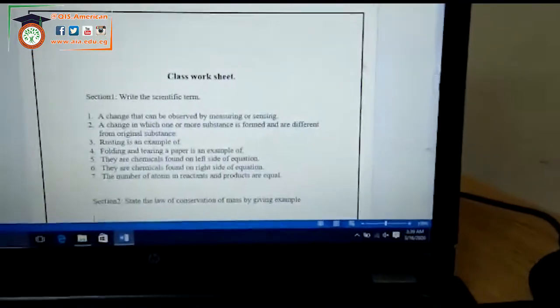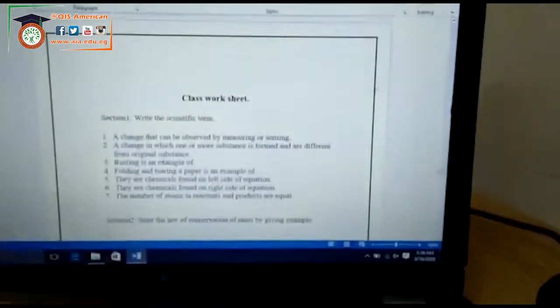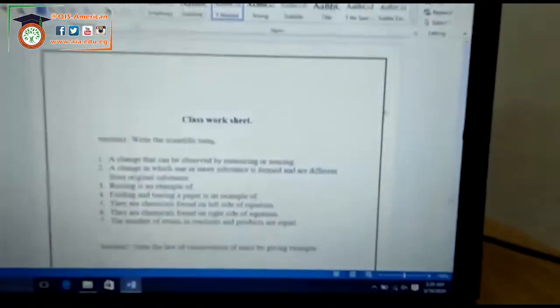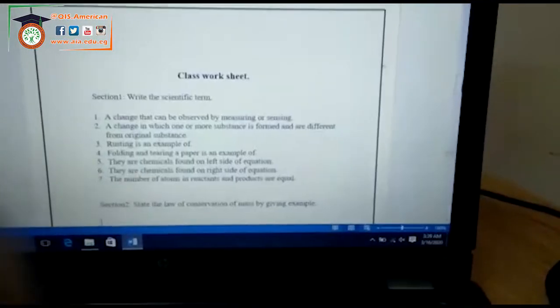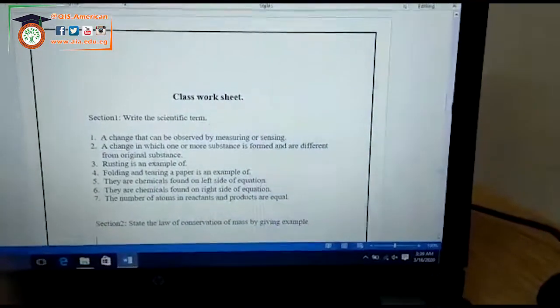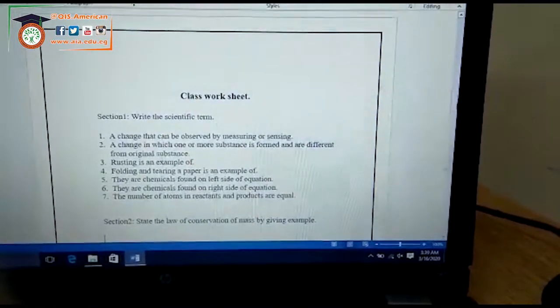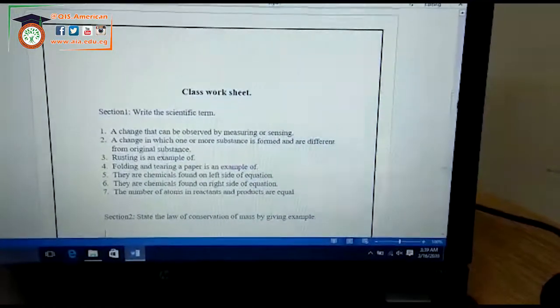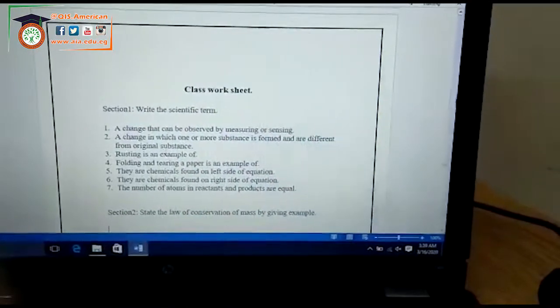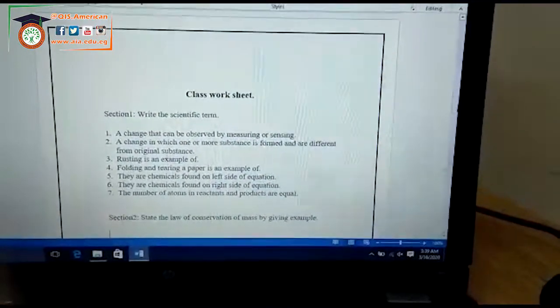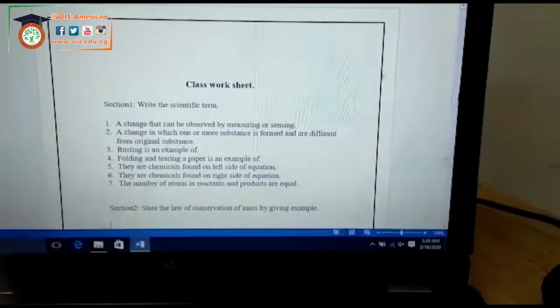Section 2. It's so easy. Its answer is here. Section 2 states the law of conservation of mass by giving an example. We just said it now in number 7. The law of conservation of mass is that the number of atoms in the reactants and the products are equal. But can you give me an example? I know if you are here, a lot of you are going to give me examples.